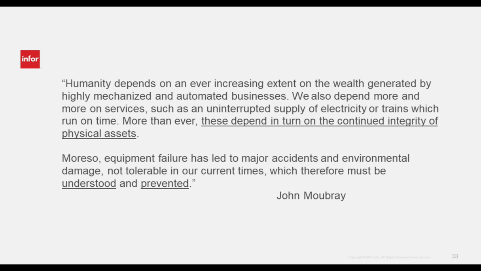So as this grows, we depend on it to be around on a more regular basis. We also depend more and more on services, such as uninterrupted supply of electricity, trains, and runtime. More so than ever, these depend on, in turn, the continued integrity of these physical assets. So the continued integrity of those assets is what's important.